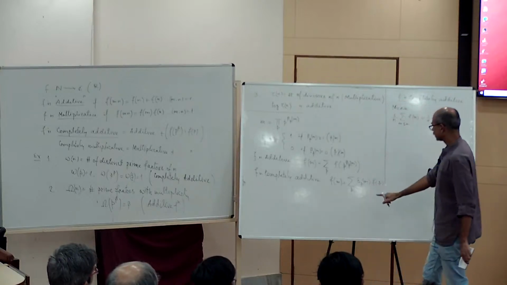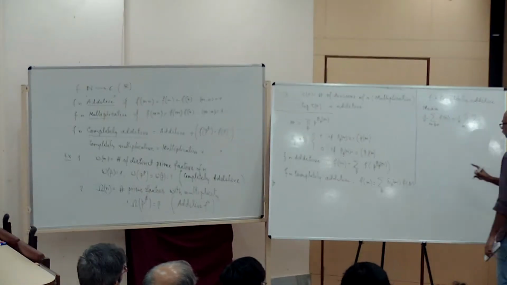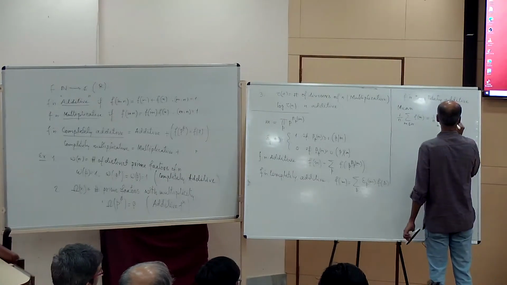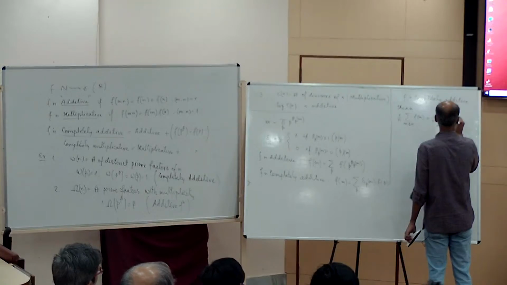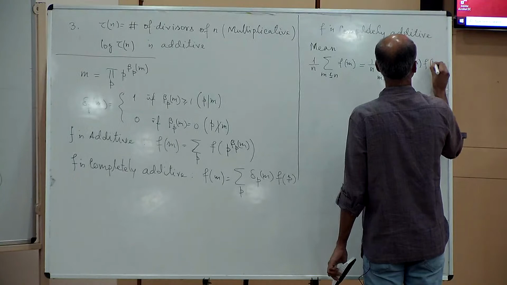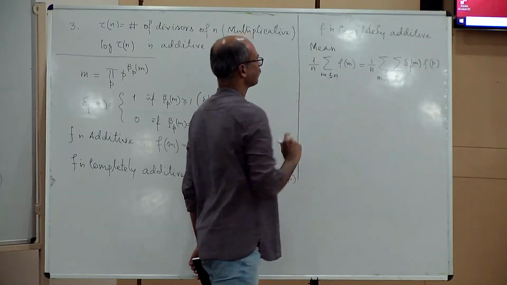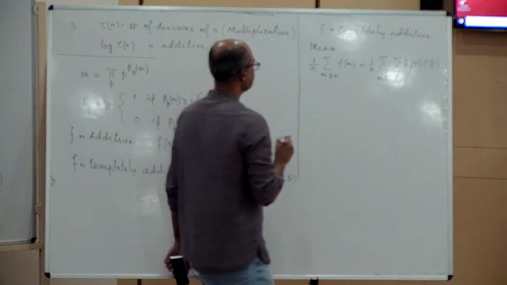now we have this expression for a completely additive function. So, let us use that. I have a sum over primes of delta p of m times f of p. Both are finite sums, so I can interchange.